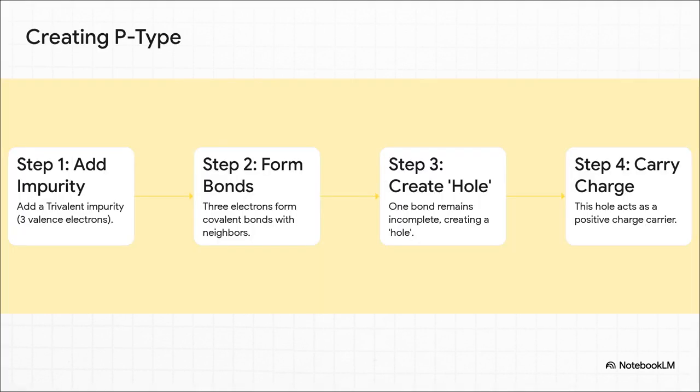All right, so what about P-type? Well, for P-type, we do the exact opposite. We add an impurity from group 3, like gallium, which only has 3 outer electrons. So when this atom joins the crystal, it can only form 3 bonds with its neighbors. And that leaves one of the silicon's bonds incomplete, creating an empty spot where an electron should be.